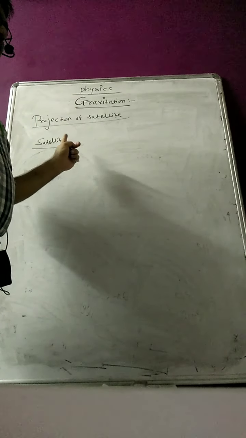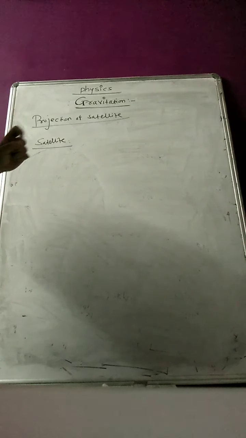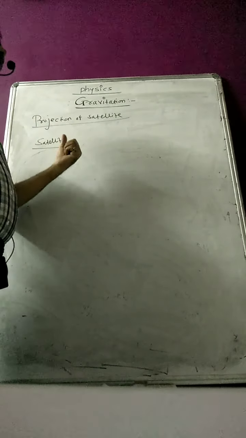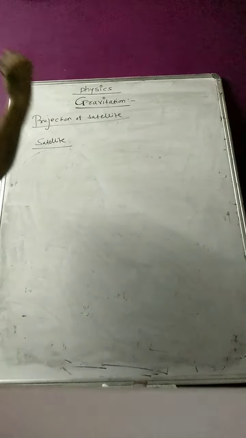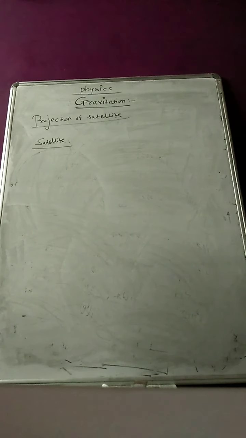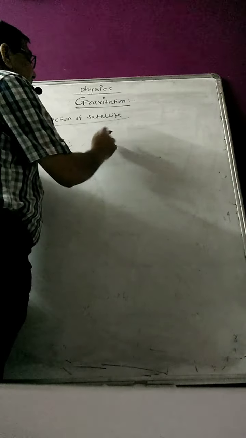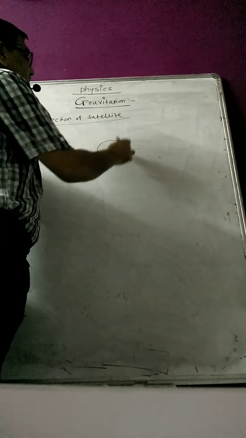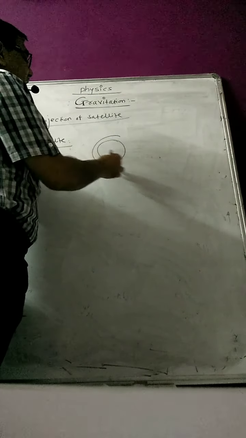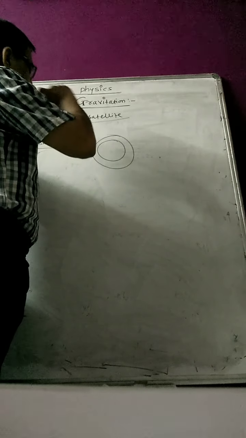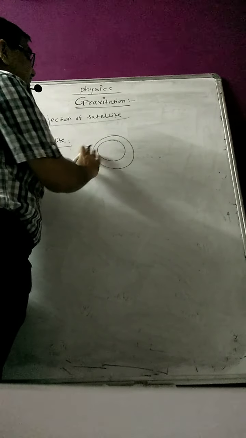A heavenly body which can revolve around a planet in a stable orbit is called a satellite. For example, suppose this is the earth, and around it any heavenly body is rotating for a particular purpose. That is called a satellite.